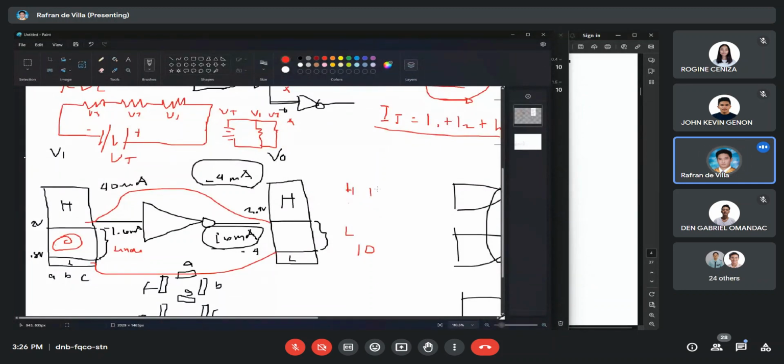Okay. So looking at that, no problem. The number of inputs it can control when high and the number of inputs it can control when low are the same. That means you can connect 10 inverters to its output.